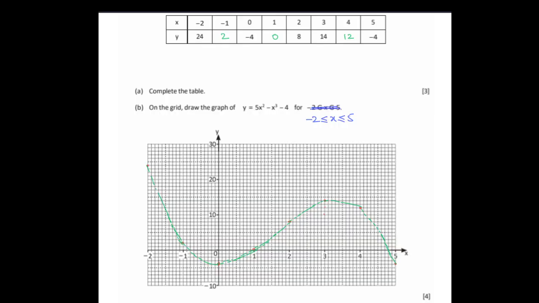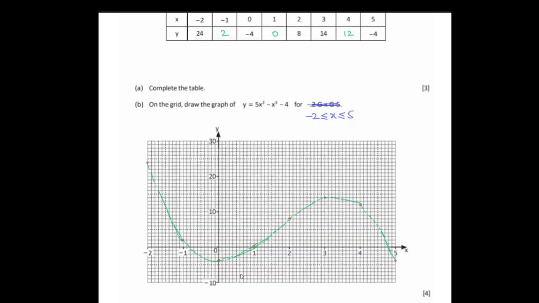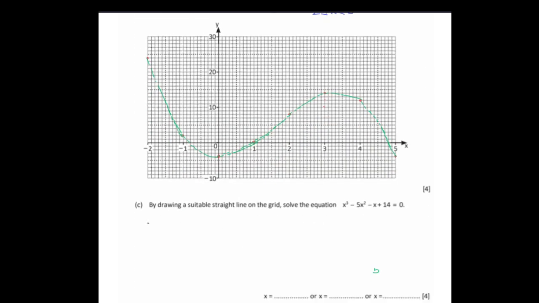Now this graph is completed. Question number C. By drawing a suitable straight line on the grid, solve the equation x cube minus 5x square minus x plus 14 is equal to 0. Now this is another equation given to us, and we need to draw a straight line.